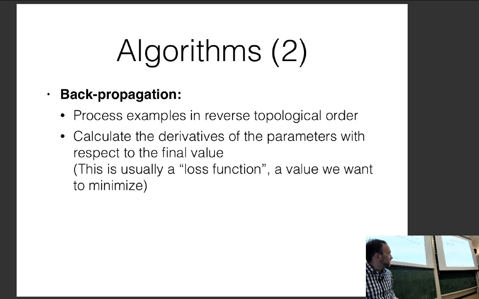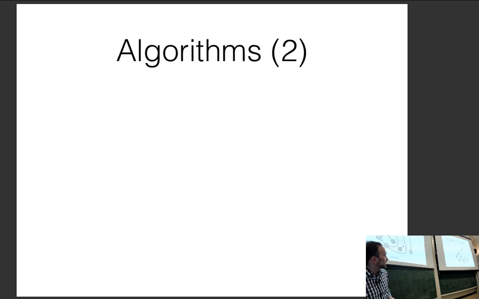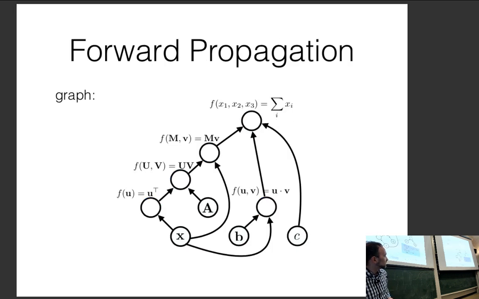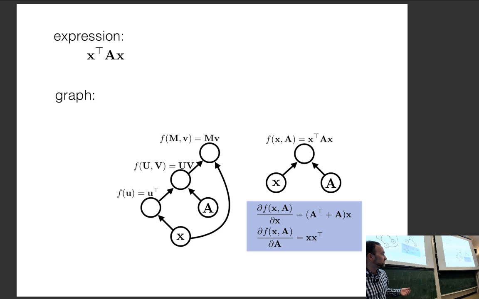But the important thing is that each of these gradient computations is not complicated. It's a relatively simple thing because each of the component functions is easy. And like we had in the example before, for each of the component functions, we can calculate this gradient exactly because we know math.